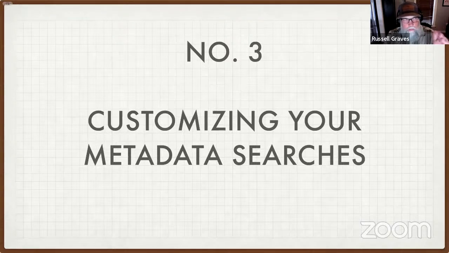I did a webinar for B&H on the same platform a few months ago about organizing your pictures, so I won't get much into that. But one of the key things I found to help find pictures fast is that you can customize your metadata search.